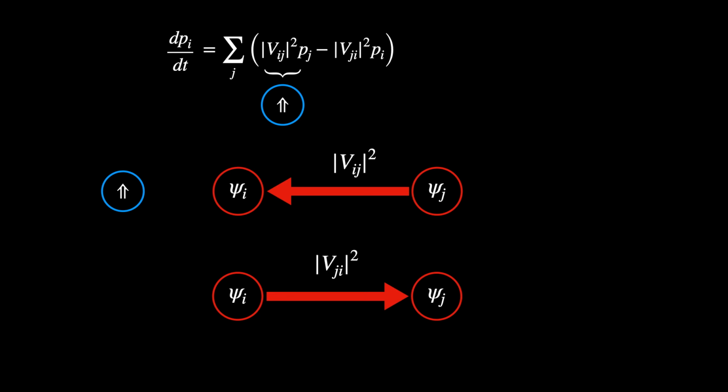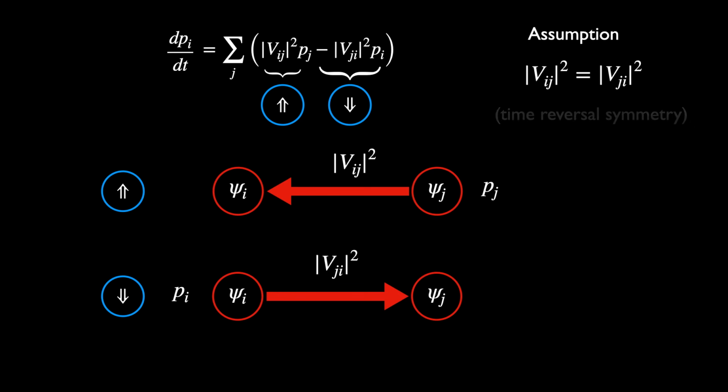Each contribution is the product of the probability to be in state j, pj, multiplied by the transition rate to i, given that the system is in state j. The second term, which reduces pi, sums over all possible ways for the system to transit away from state i. Each contribution consists of the product of pi with the transition rate away from i to some state j. Furthermore, it is assumed that the microscopic processes involved are time reversible, which implies that Vij equals Vji.